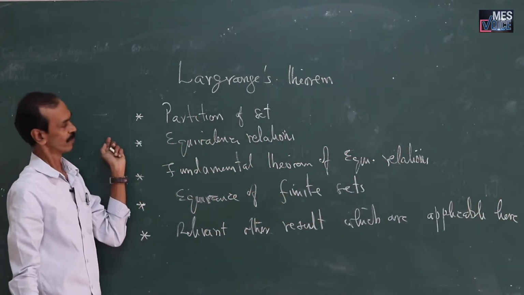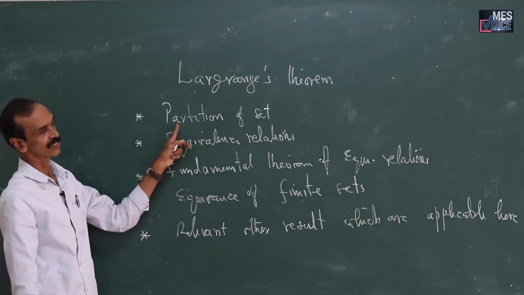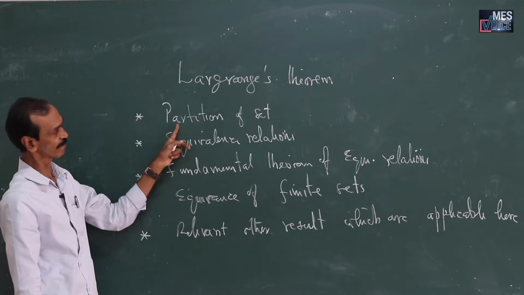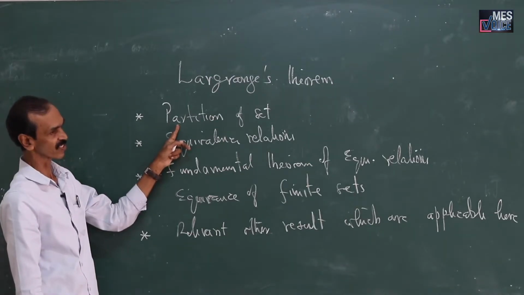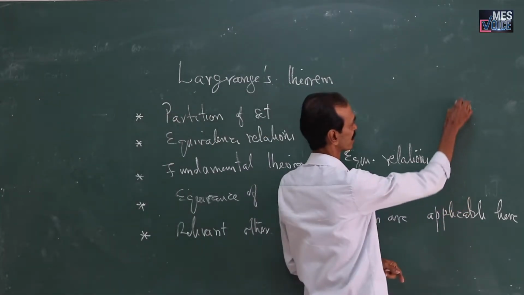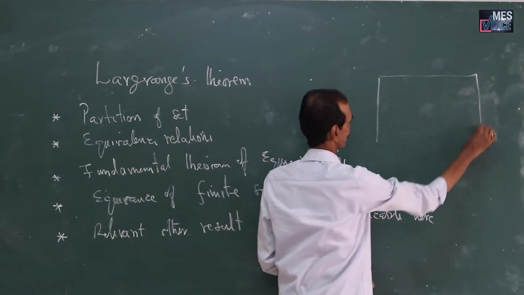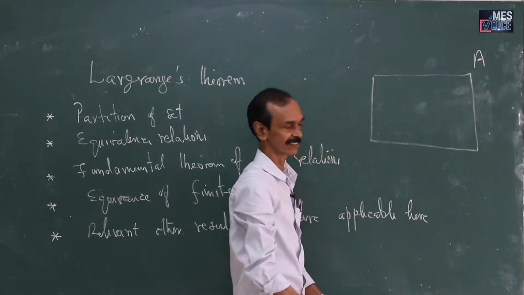We all know that a partition of a set is a collection of its subsets whose union is the full set and their pairwise intersection is empty. That is a partition. If you want to represent a partition as a diagram, suppose A is a set like this.